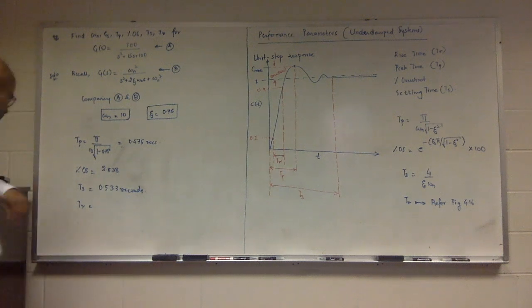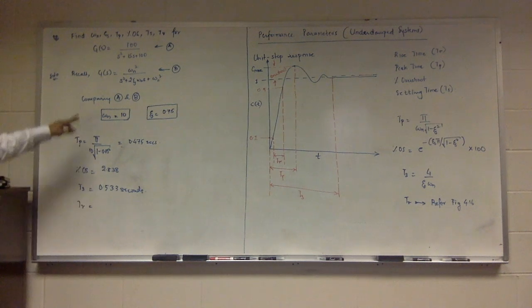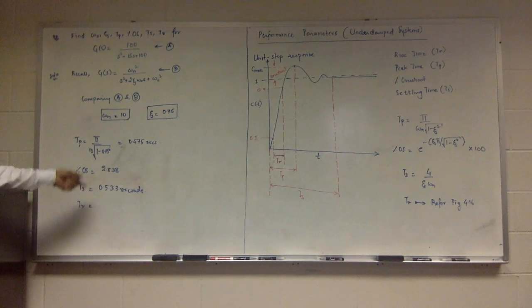Can you say something about TR from these values? Looking at that figure, it has something to do with 0.9 and 0.1, in correlation to these numbers.